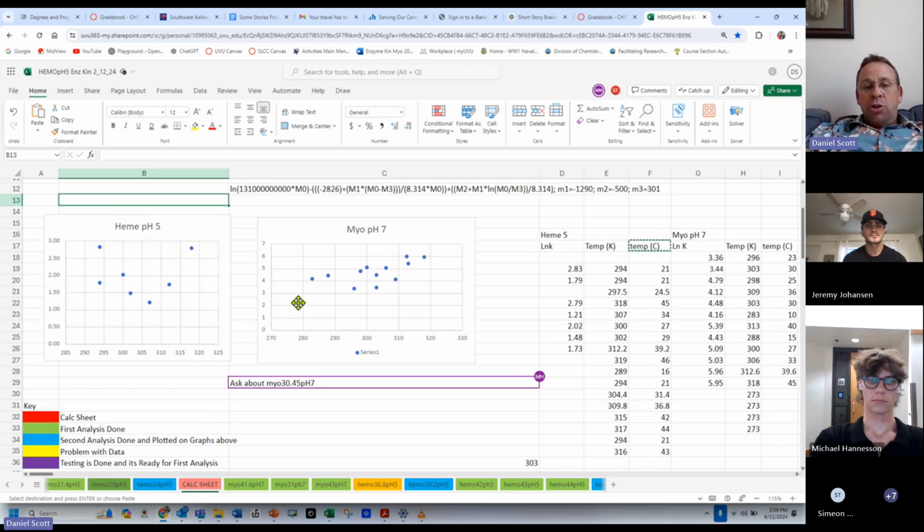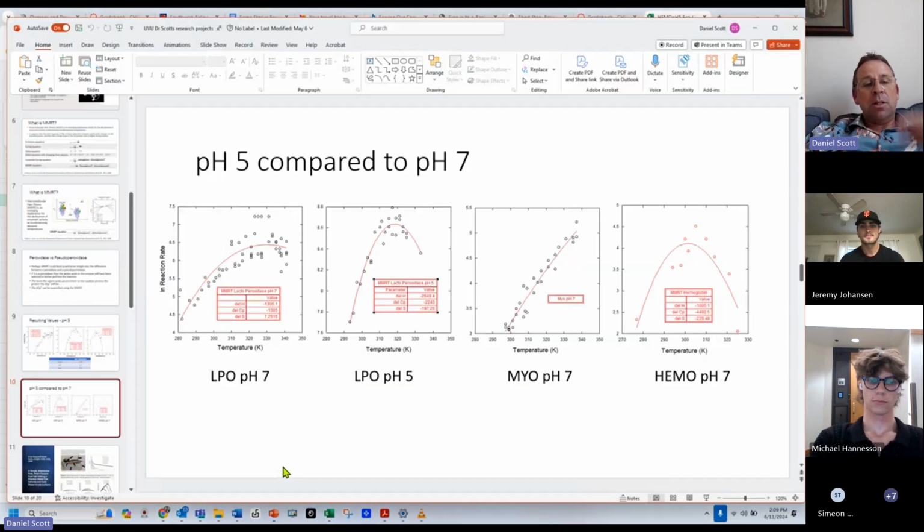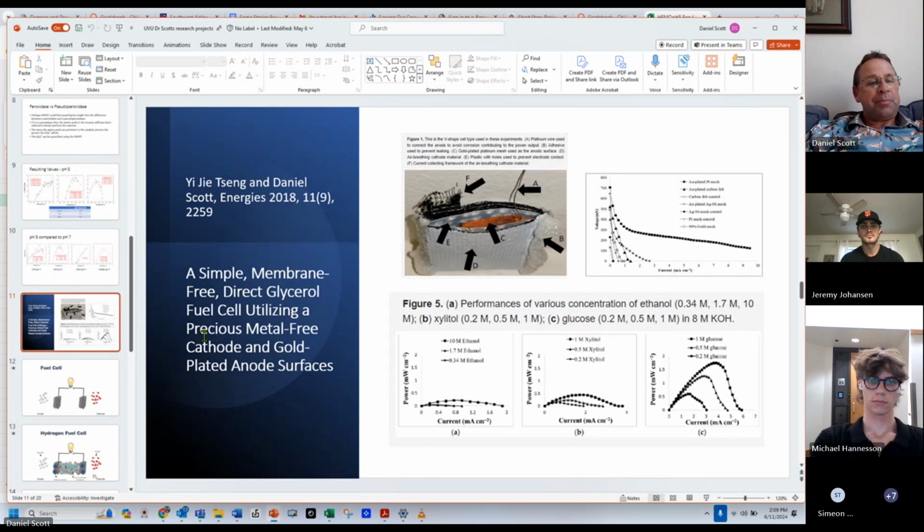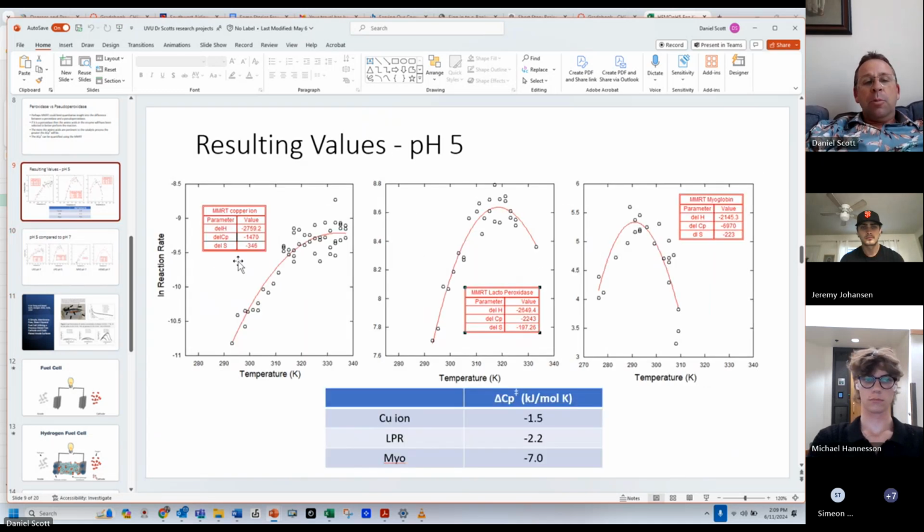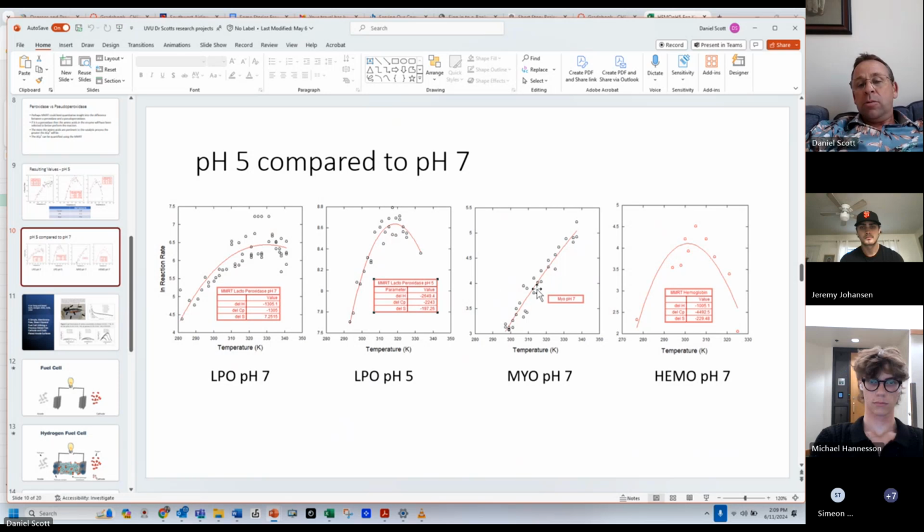And these plots should be, let me bring up kind of what we've seen before with these. So these are some of the plots that we've seen before. These plots should probably be either linear, like here's our myoglobin pH 7 that we collected data on before.